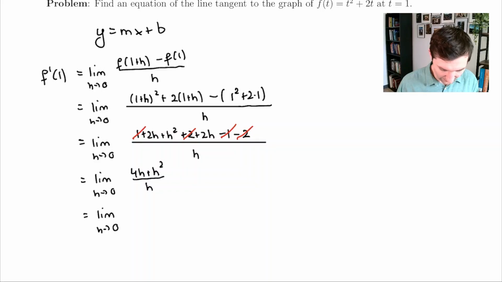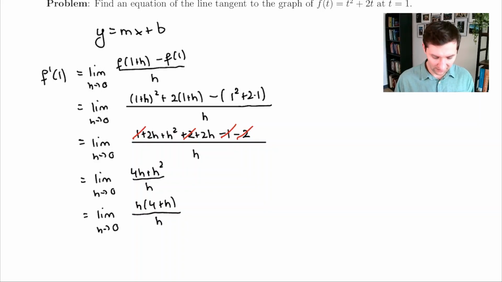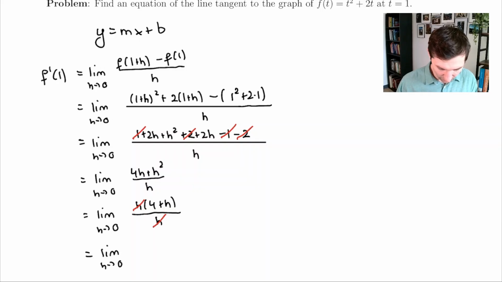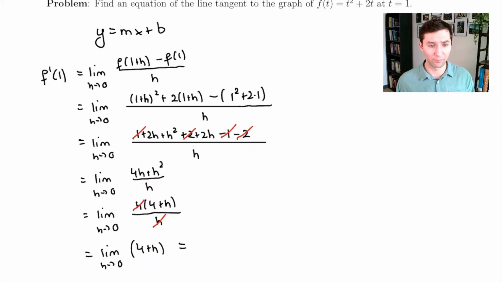And I get the limit as h goes to 0 of h times (4 plus h) divided by h. This allows me to divide out h, and I am left with the limit as h goes to 0 of 4 plus h. Nothing is stopping me from plugging in 0 to this expression, and I just get 4.